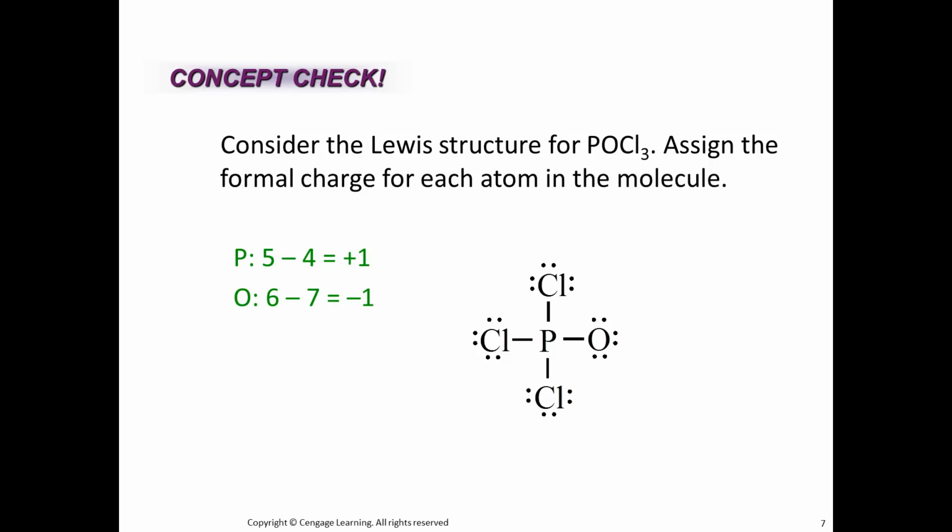There are 6 electrons on each chlorine from lone pairs, plus 1 electron from the shared pair, for a total of 7. 7 minus 7 is 0 formal charge on chlorine. The net charge is 0 on this molecule. There's a formal charge of +1 on phosphorus, -1 on oxygen, which sums up to 0.